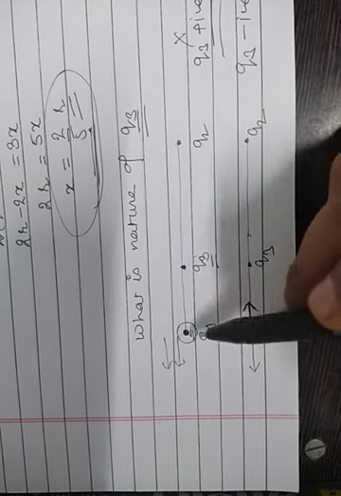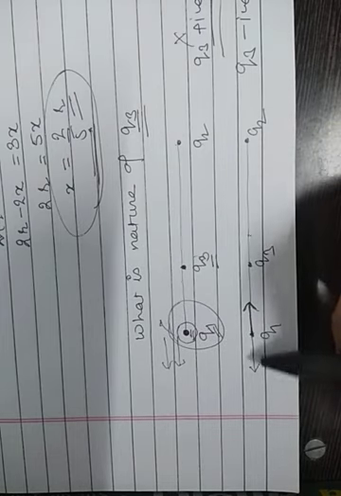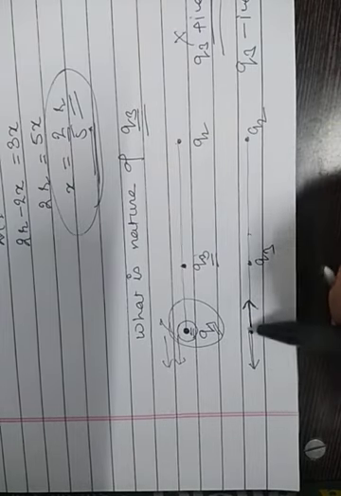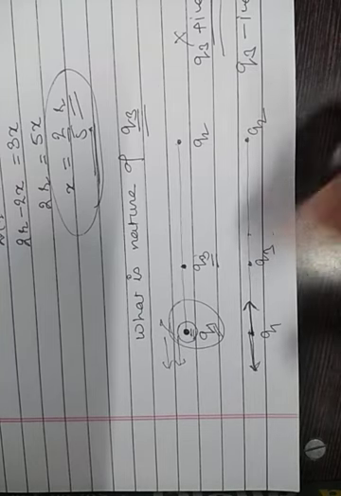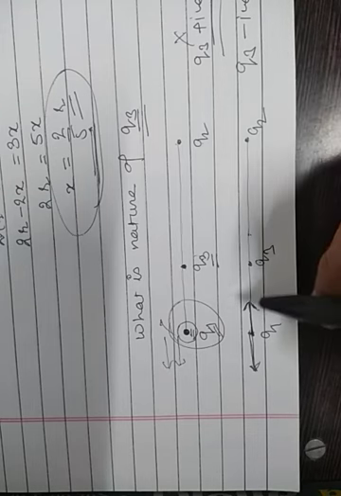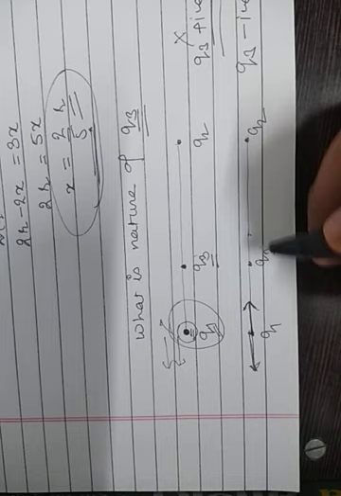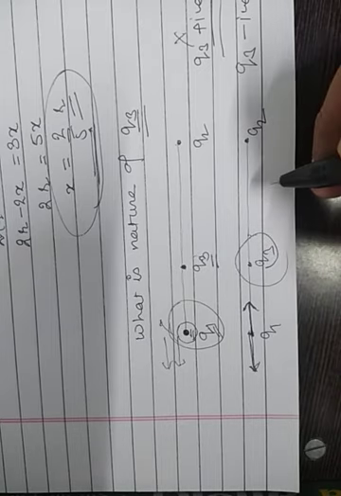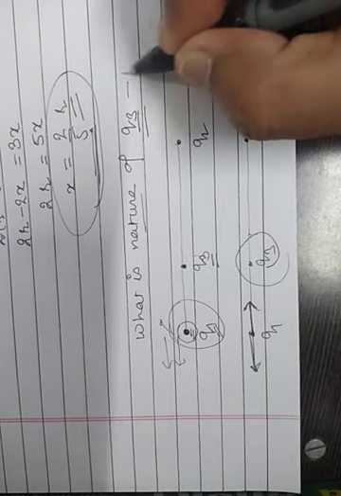I am checking equilibrium on q1. Equilibrium might be possible if the distance between q1 and q3 is proper, because the two forces may cancel each other. So will this q3 be positive or negative? Obviously it is negative. So what is the nature of q3? It is a negative charge.